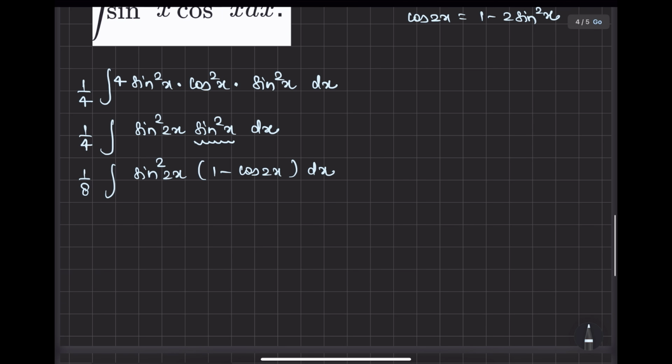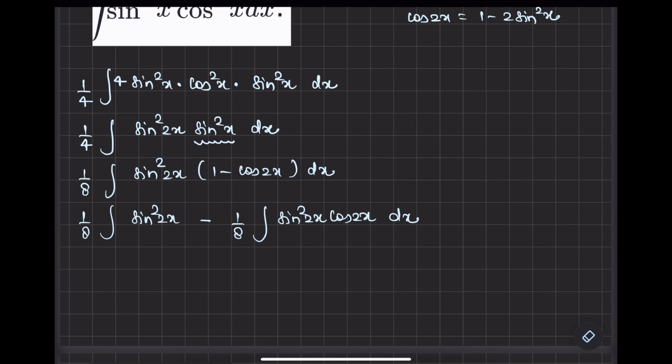Now look at this. Now we can break down our question into two questions: sine square 2x minus 1 by 8 sine square 2x cos 2x dx. Correct? Now the idea is, we don't know the integration of sine square x.